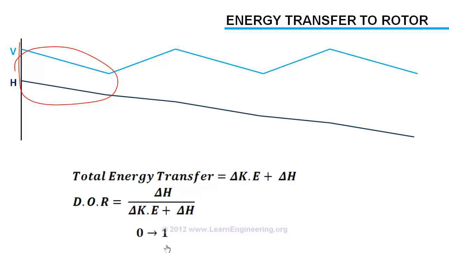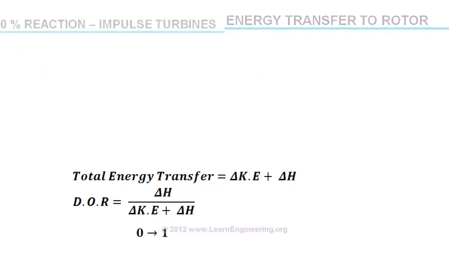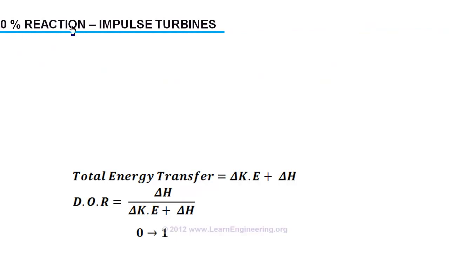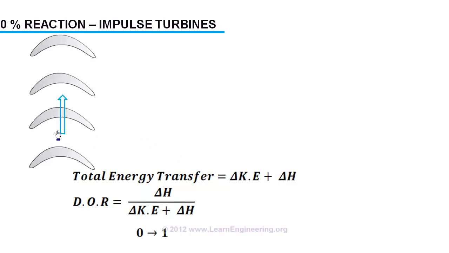Suppose for a turbine the degree of reaction is 0, then such turbines will be known as impulse turbines, or 0% reaction turbines. In such cases the enthalpy energy change across the rotor will be 0, and energy transfer will be purely due to kinetic energy change. Blades of an impulse turbine will look like this. Here fluid actually hits the blade and produces the force, or force is produced on blades due to pure impulse action of steam.